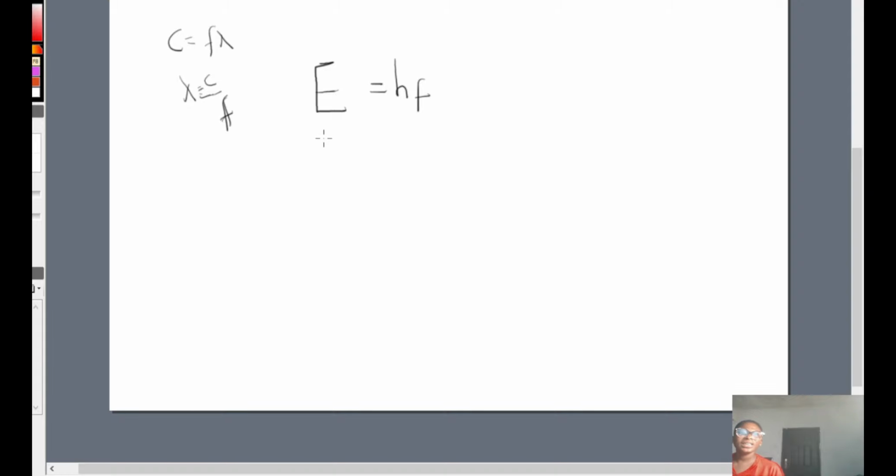So E is equal to h, a constant, multiplied by c over f, because we don't have our lambda. Sorry, we are looking for lambda, so let's use lambda as the subject of the formula. So lambda will be equal to c over f, or f lambda.